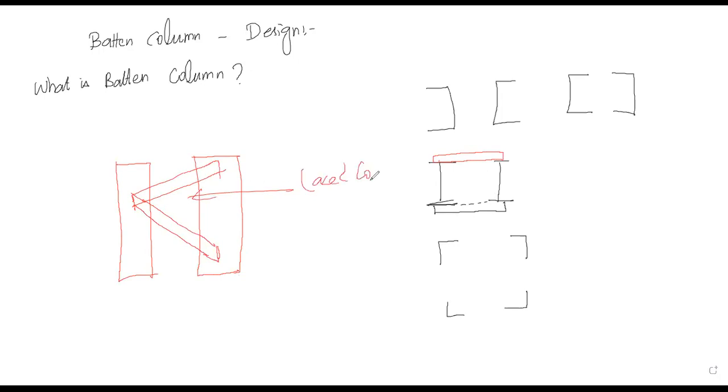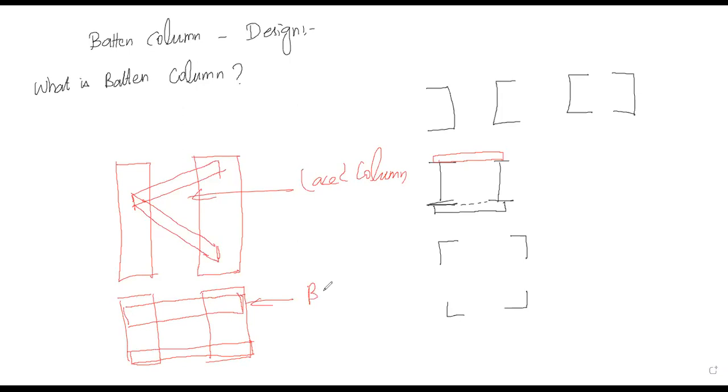If the same member is connected by means of horizontal members, then the column is said to be a batten column.